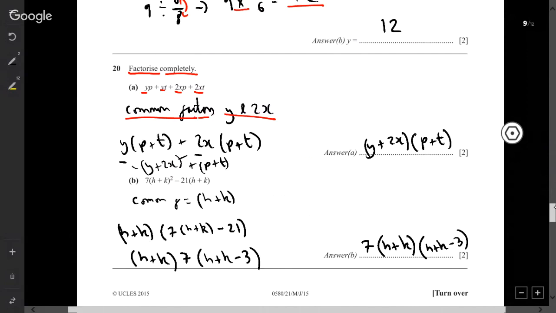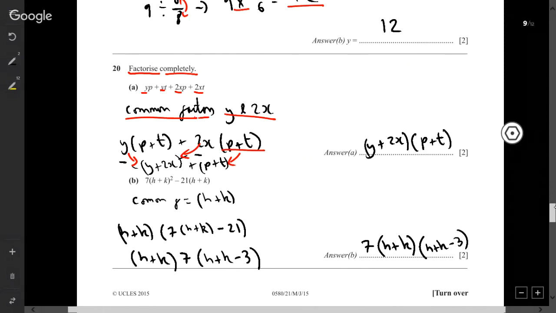And these two become 2x, the common factor, and p plus t in the brackets. So as you can hopefully remember from factorizing, what we do then is we take the two common factors and put them in a bracket, and we take the bracket and have that as just one bracket. And there we have it. That's the simplified version of the factorization. y plus 2x, p plus t.